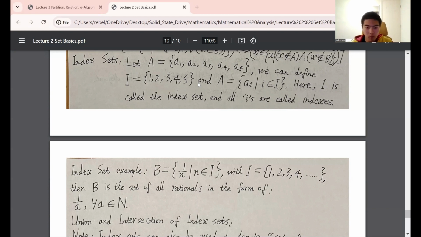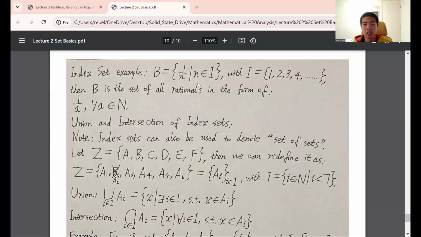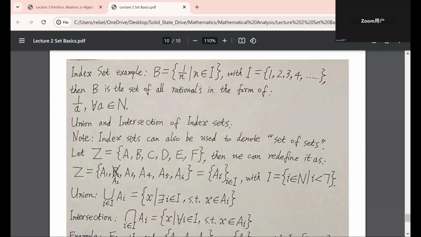Okay. So I'll give one example of a successful application of the index set, which is the B here. If we define I as 1, 2, 3, 4, 5, 6, or whatever, you can go very long. But we can define 1 over n here, where n belongs to this set.